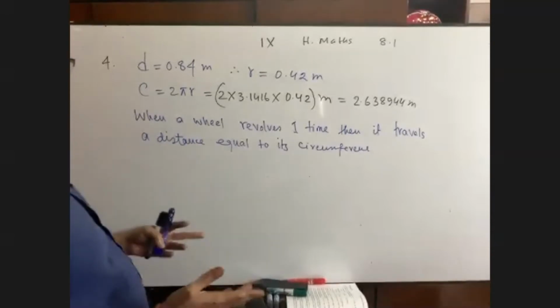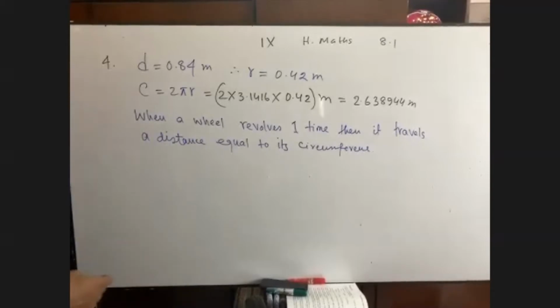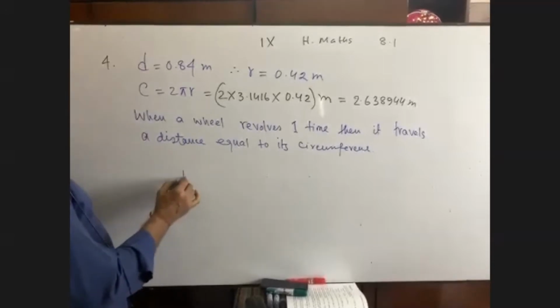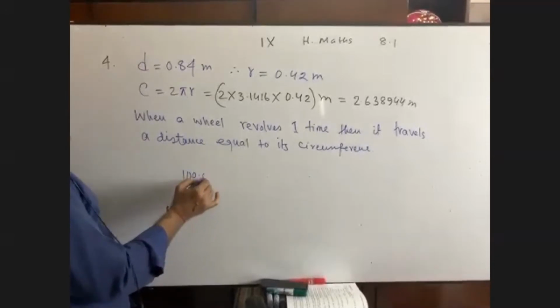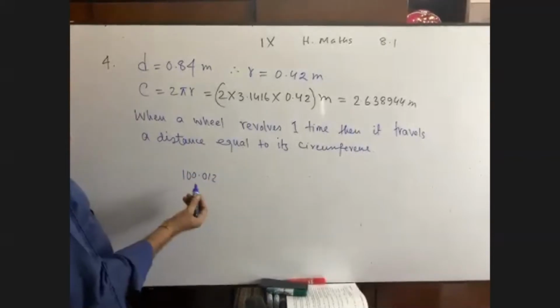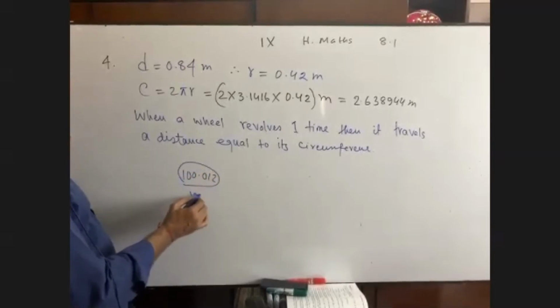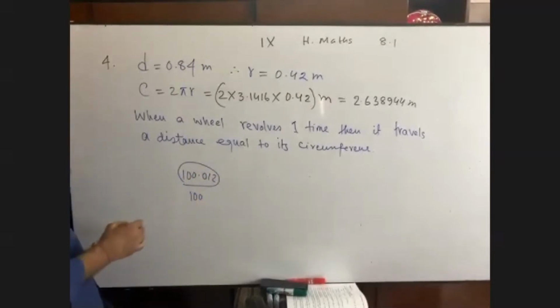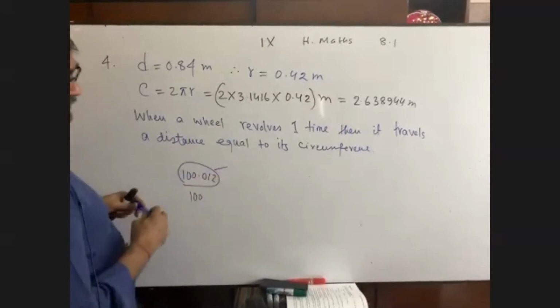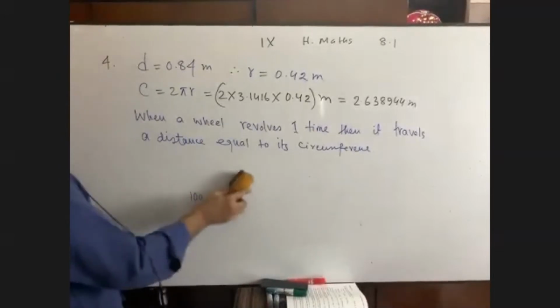Suppose their answer is 100.012 times. Actually we will not get this; we will take only 100 times, as pi is not a rational value.